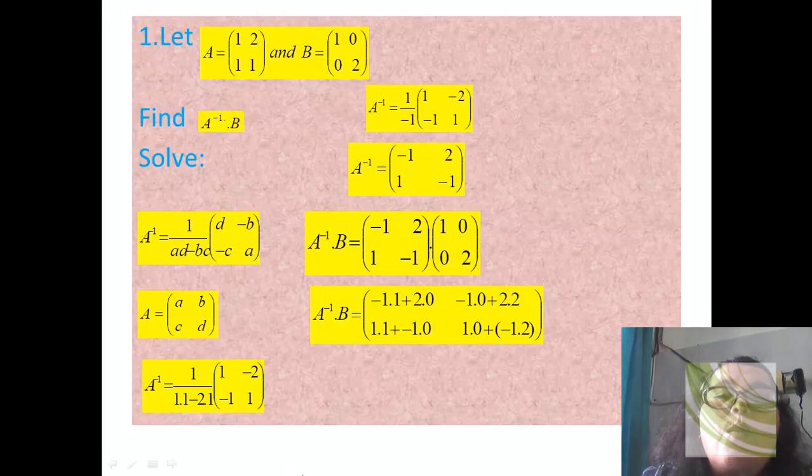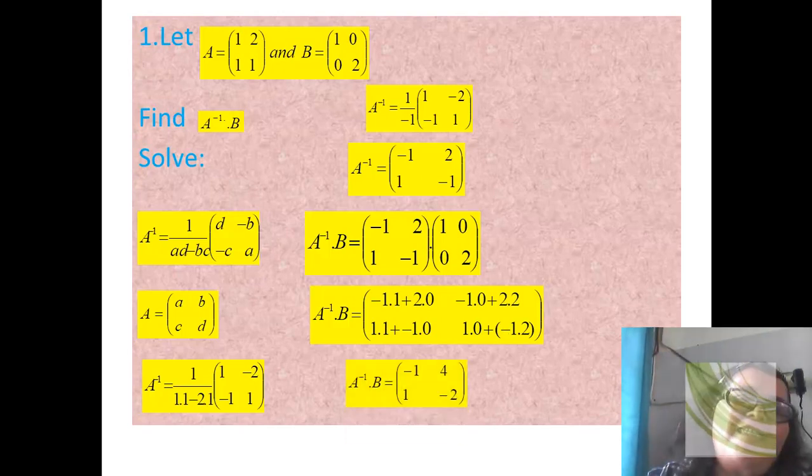We get 1 times 1 plus minus 2 times 0, and 1 times 0 plus minus 2 times 2. Then minus 1 times 1 plus 1 times 0, and minus 1 times 0 plus 1 times 2. In the end, we get the answer.